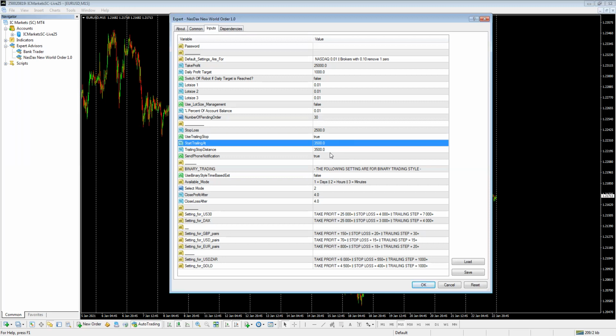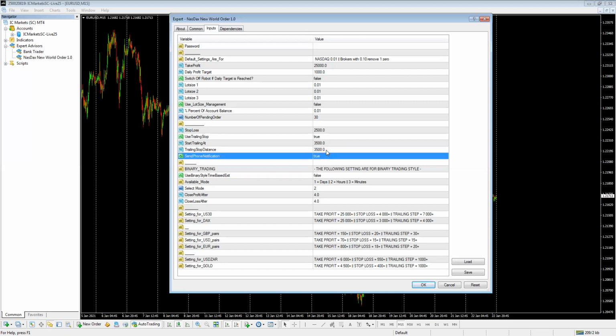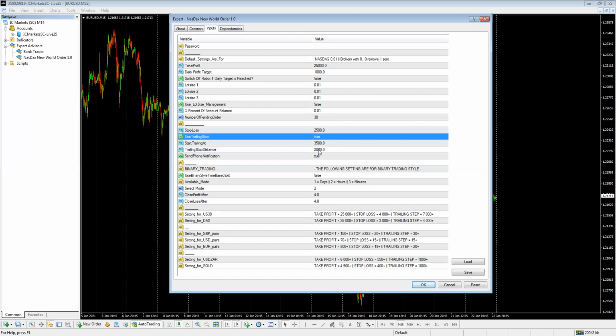Then the stop loss will move to break even. Then from there on, for every other pip the robot moves in your favor, the robot will follow by the distance of the same amount, which is 3,500. Okay. But if you want to follow the trade quicker, you can reduce this and make it whichever amount you feel comfortable with, at 2,000 or less or whatever we want.